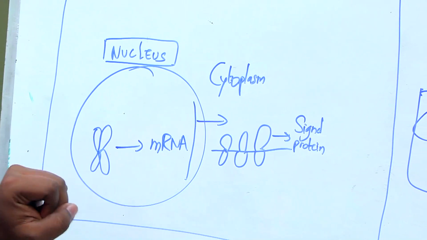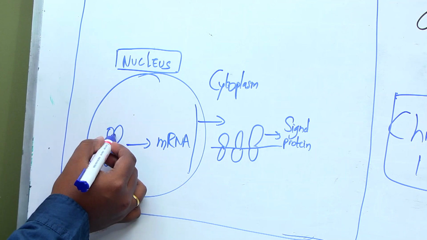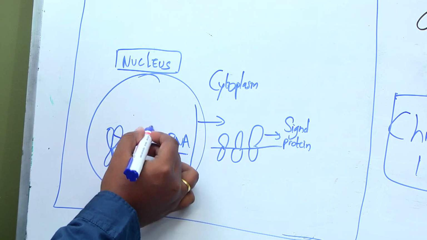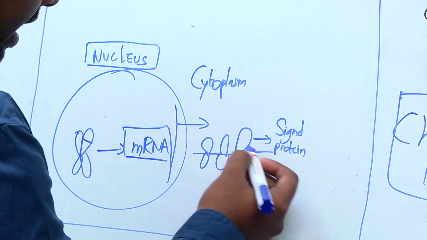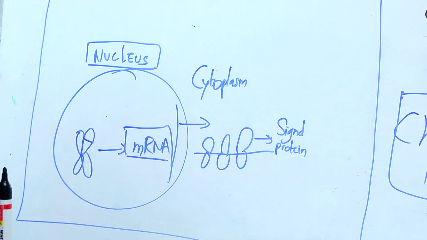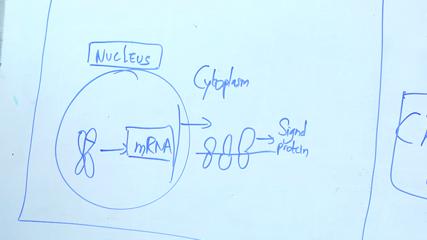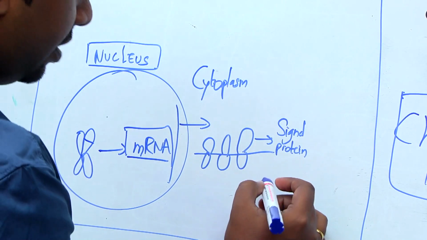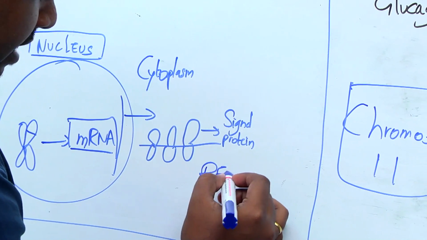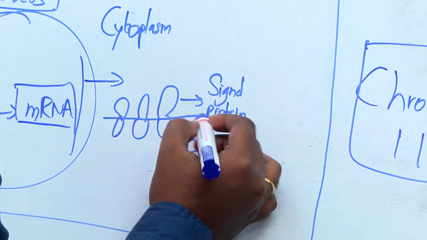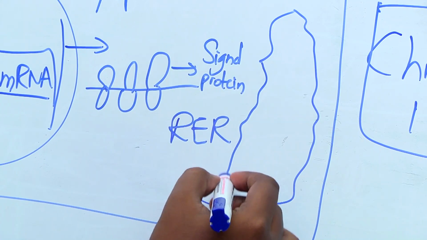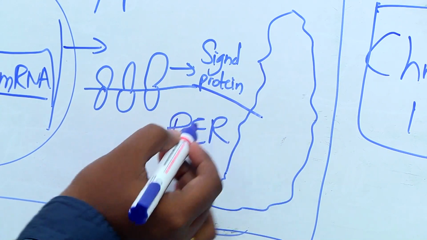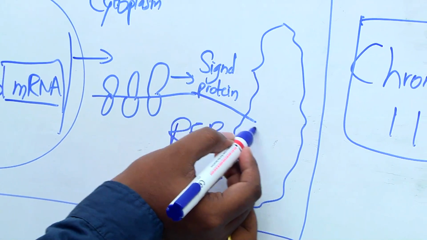That is, from chromosome 11, that is the short arm, you get an mRNA with all the information, which is acted upon by the ribosomes, and a signal protein is formed. So next, where does this signal protein go? It goes to the rough endoplasmic reticulum. So this signal protein is inserted into the rough endoplasmic reticulum.